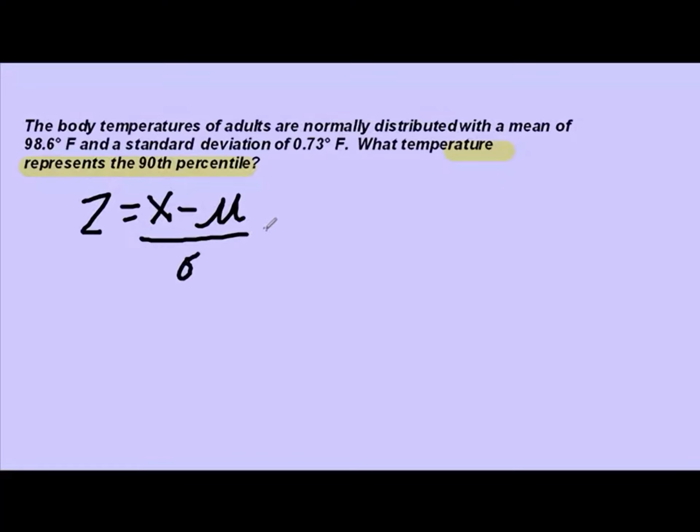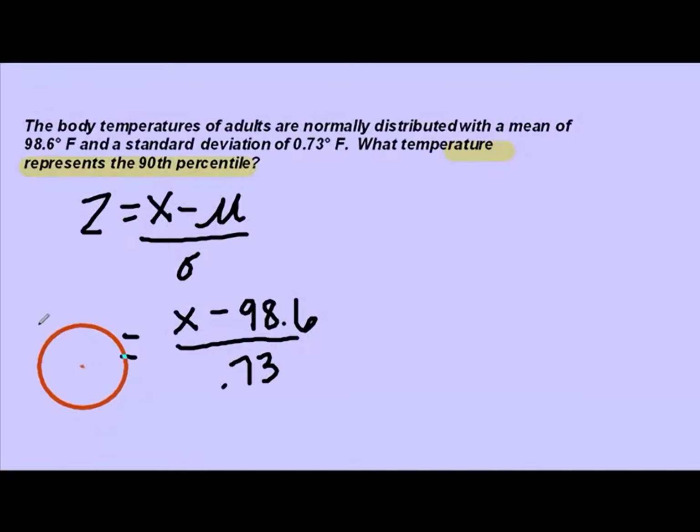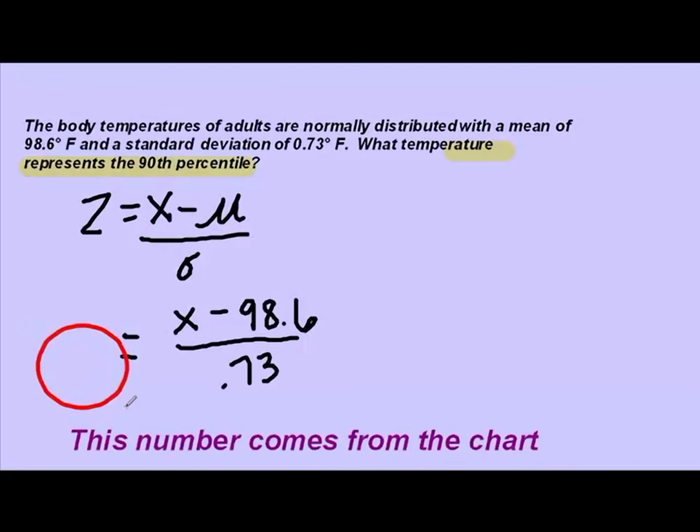In this instance, I happen to know that x minus mu would represent something I don't know, minus mu of 98.6, and divide that by the standard deviation of 0.73. What I have to also know in order to finish this problem is what goes right here for z. This number will come from the chart.